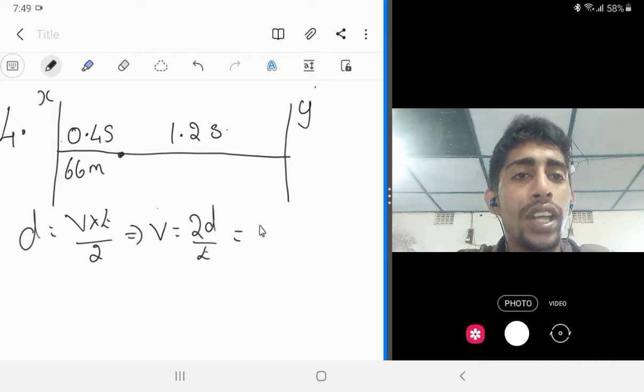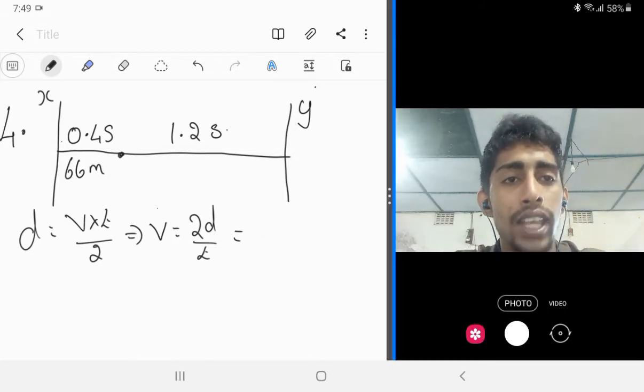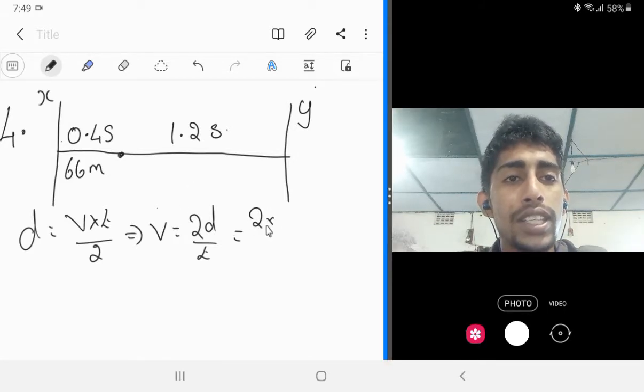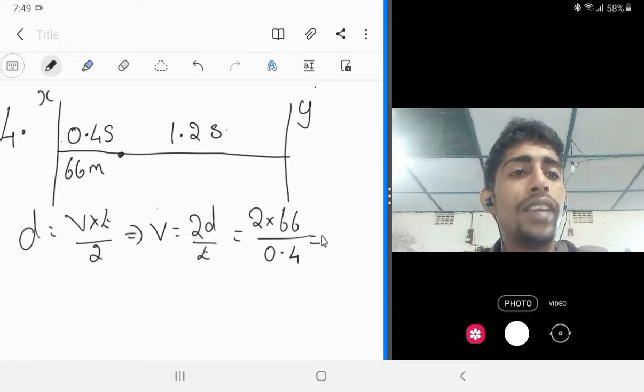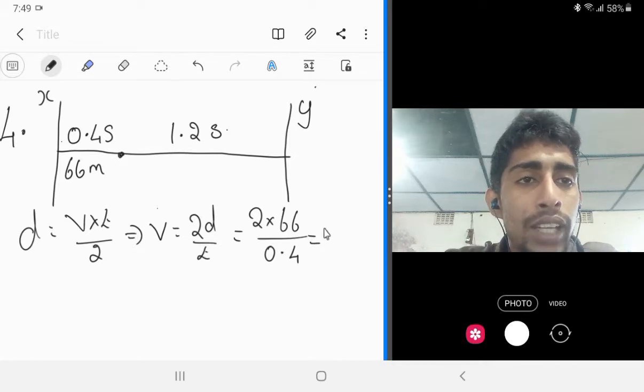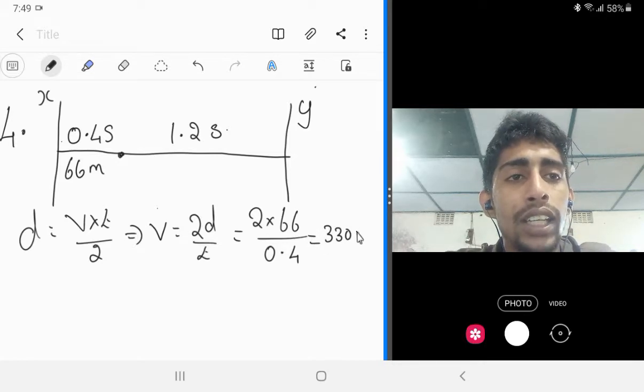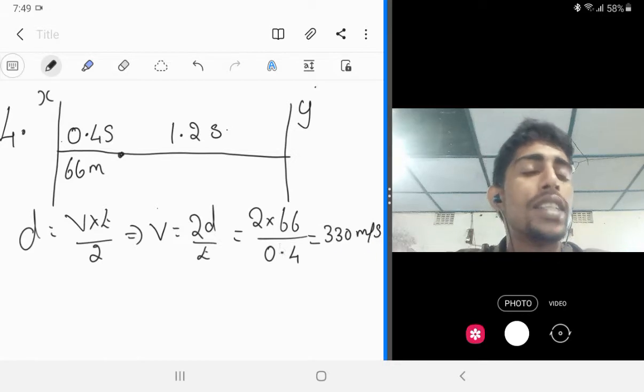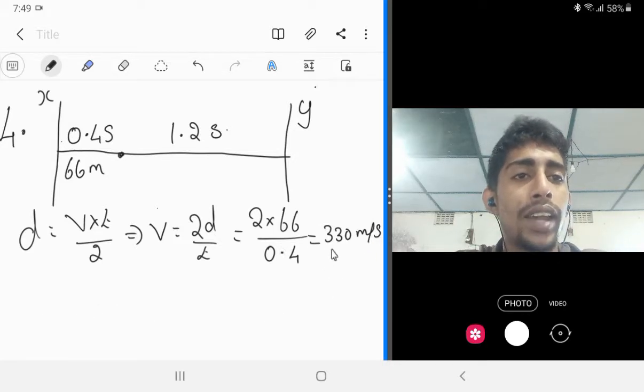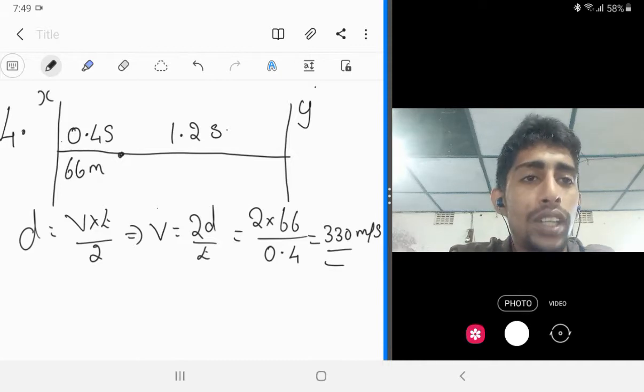Distance is 2 into 66 divided by the time, 0.4. Then while calculating, we will get the answer as 330 meter per second. Clear? So in this way we can find out the speed.